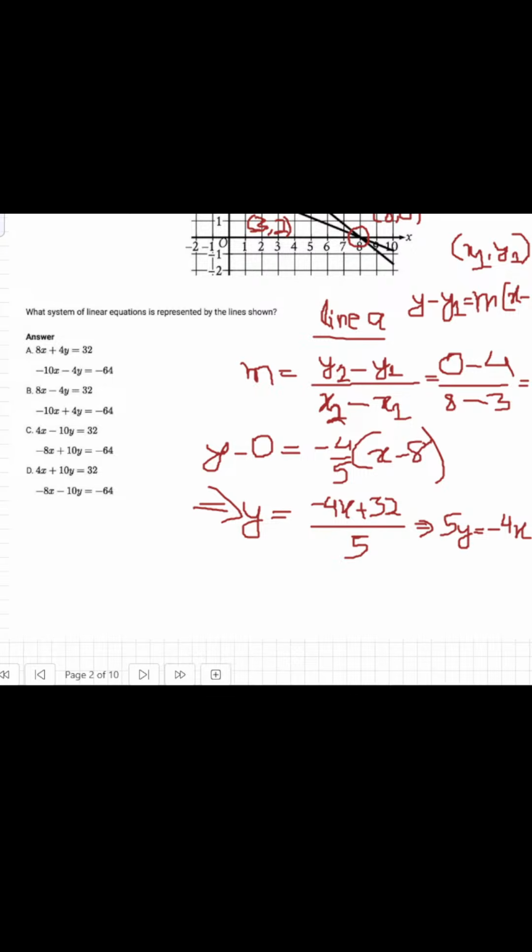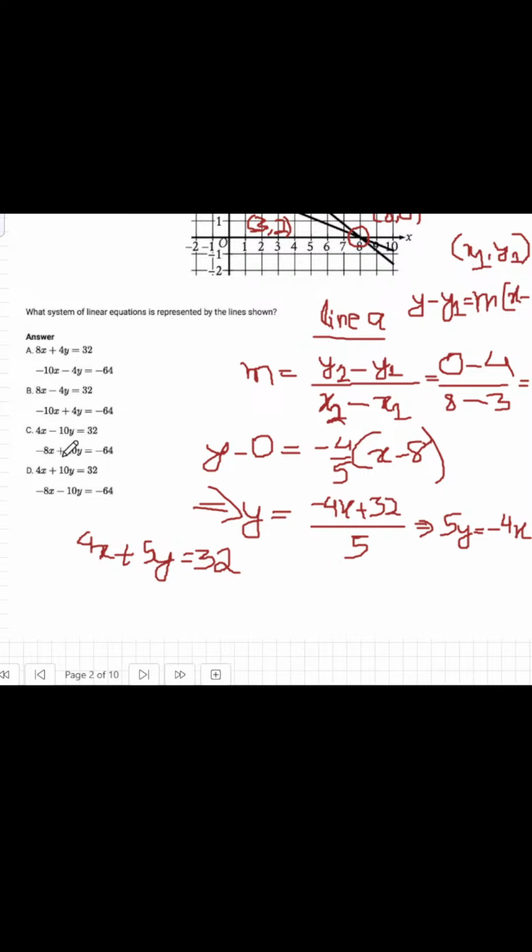Then we can write 4x plus 5y equal to 32 by bringing it to one side. Now we see in the given options there is no 4x plus 5y.